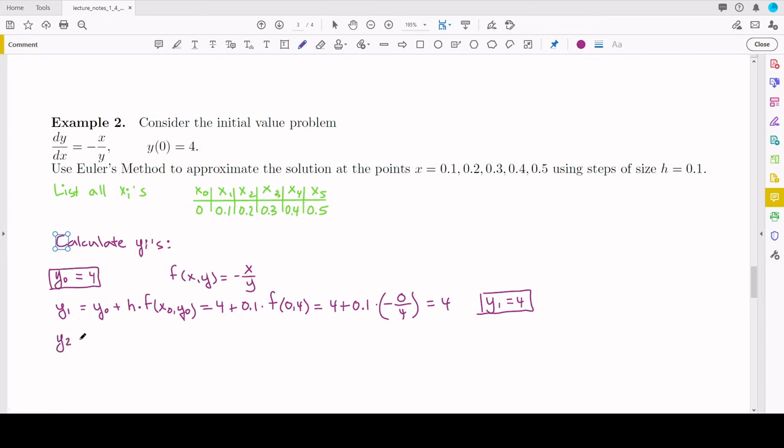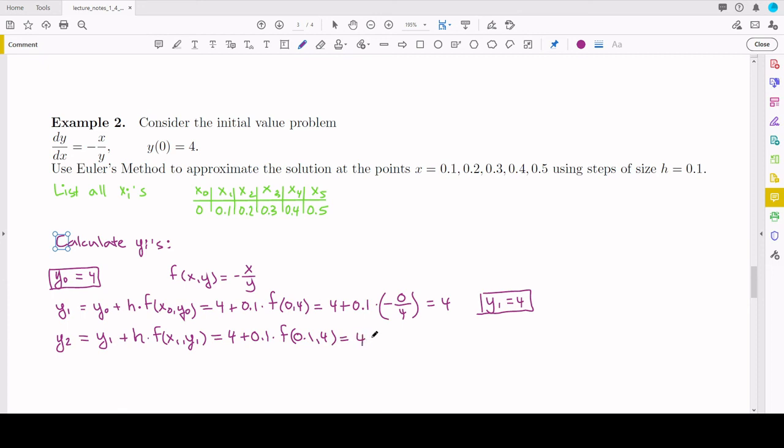Okay, what about y2? y2 is y1 plus h times f of x1 comma y1. y1, we take that from here, that's 4. h doesn't change, that's 0.1. And then we have f of x1. We pick that up here, that's 0.1. And then y1 is 4.